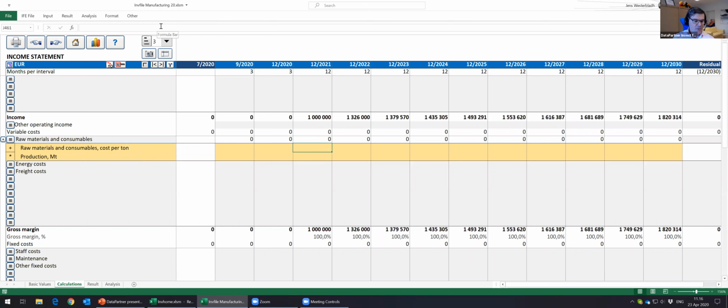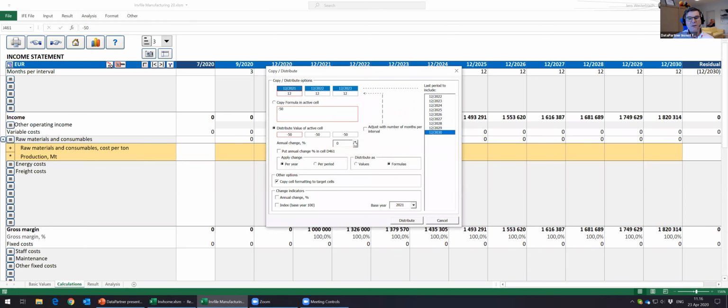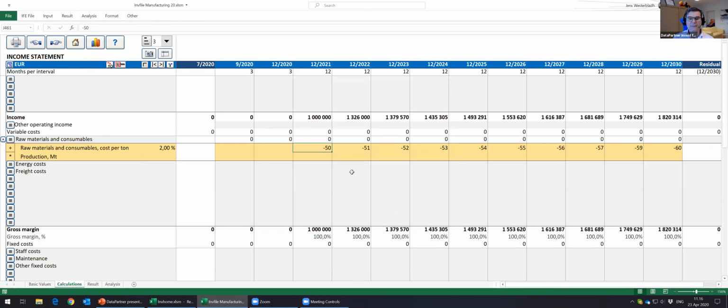So the cost per ton is 50 euros. And costs are always with minus. So minus 50. And we expect also this row to develop with a 2% increase per year. Like that. Then the production amount.